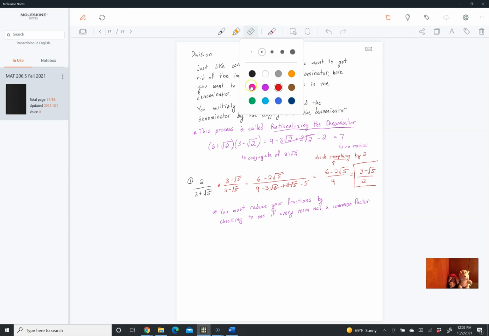Okay, let's do another one. So we have 6 plus root 5 over square root of 2 minus square root of 5.